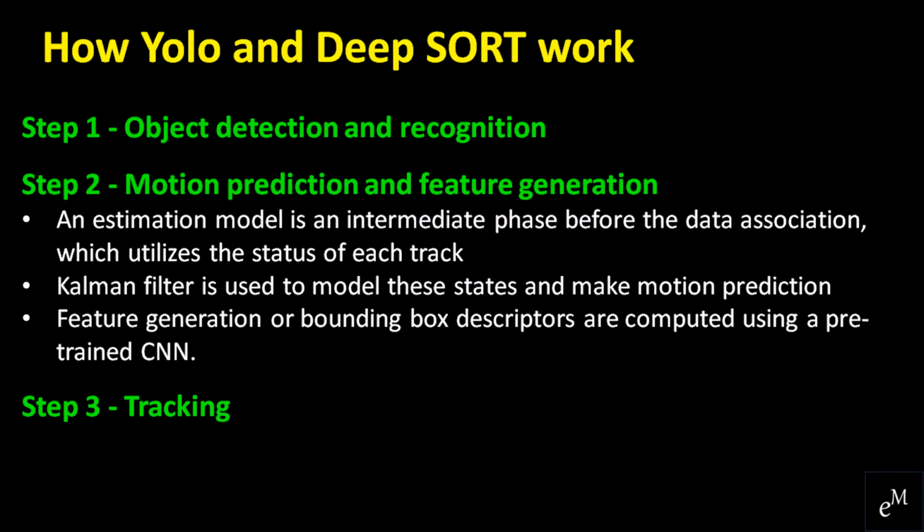Then the Kalman filter is used to model these states as a dynamic system and make motion predictions. In addition, in this step, feature generation and bounding box descriptors are also computed using a pre-trained CNN. All of this information is then passed into the final step for tracking.